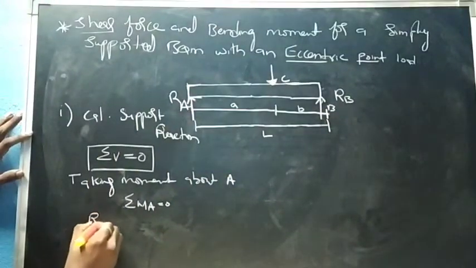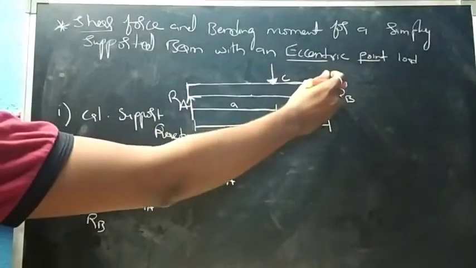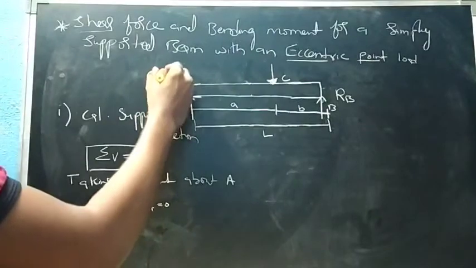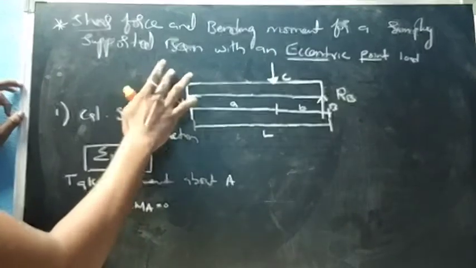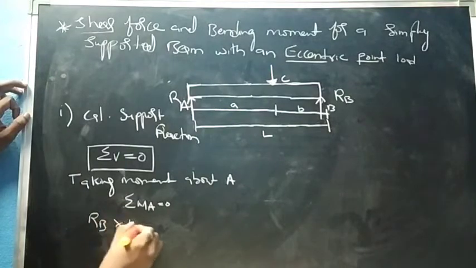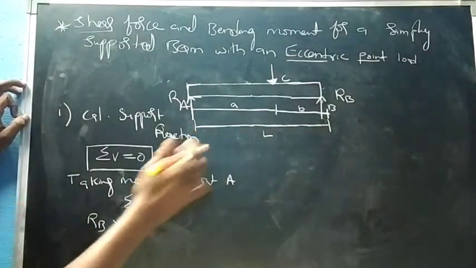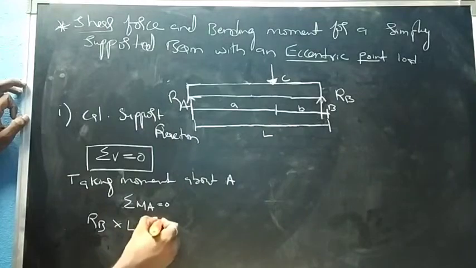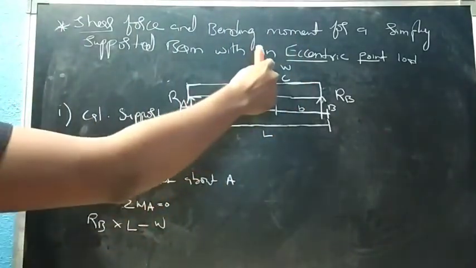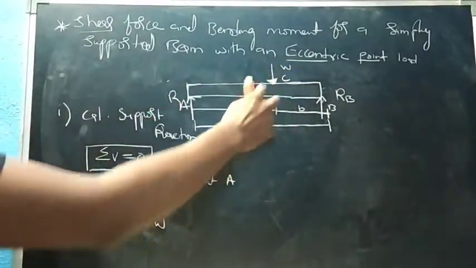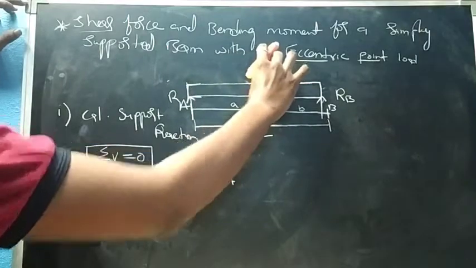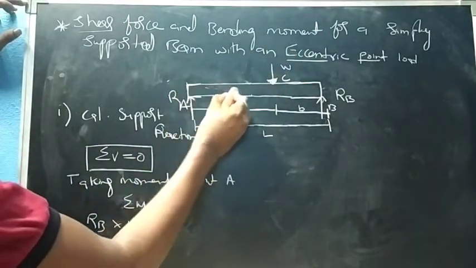So I can write RB into the total length L, minus W, let's say the load is W, minus because the load makes the beam hogging.